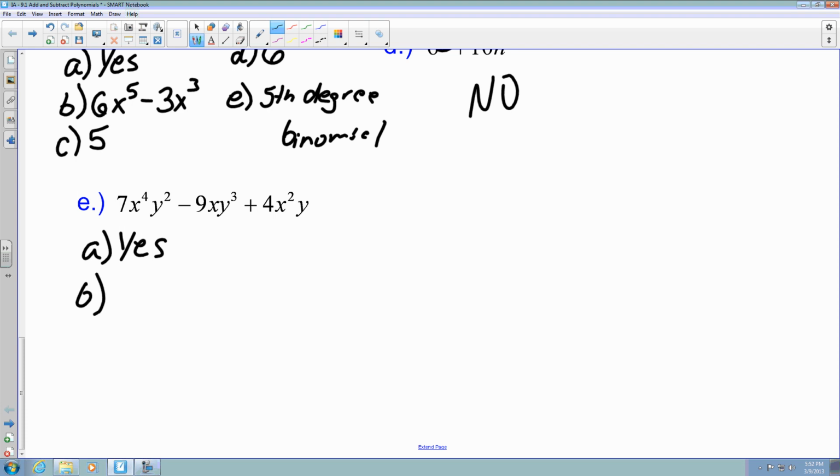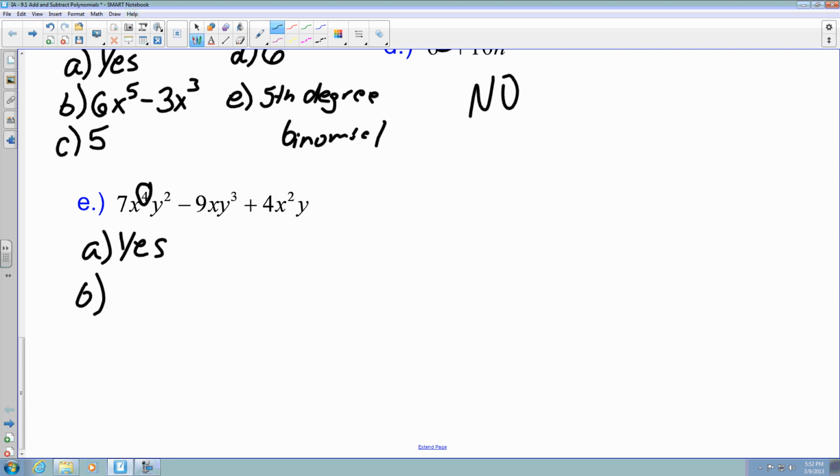For B, they want us to rewrite this in standard form. When we're looking at the variables for degrees, in this case the variable with the biggest degree is to the 4th power.